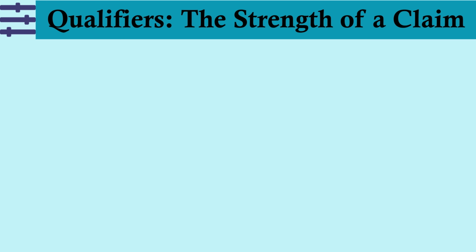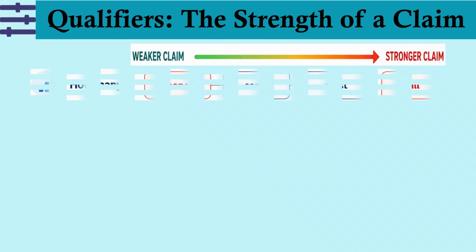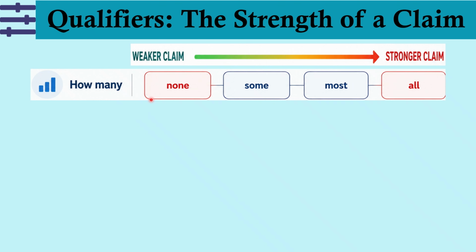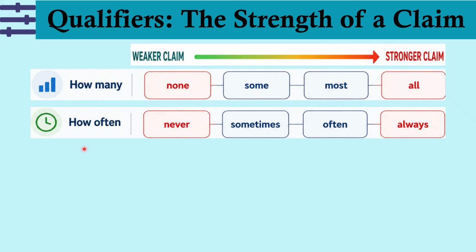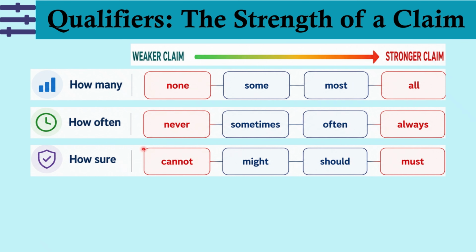Qualifiers tell you the precise strength of a claim. They measure quantity from none to some to most to all. They measure frequency from never through sometimes and often all the way to always. And they measure certainty from cannot to might to should to must. Here is the rule.